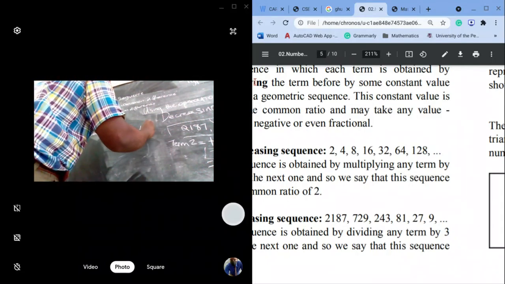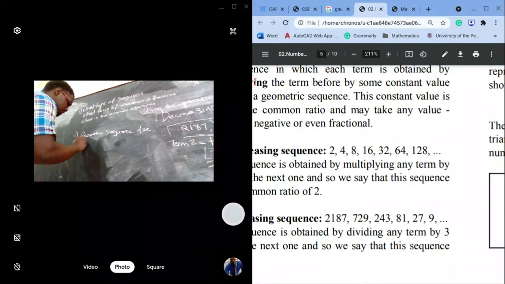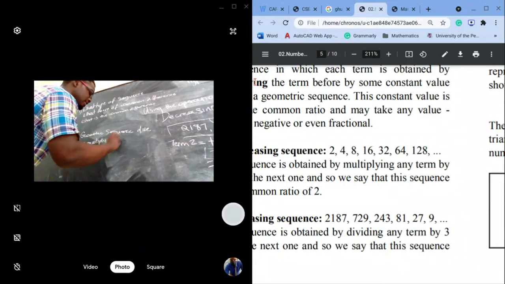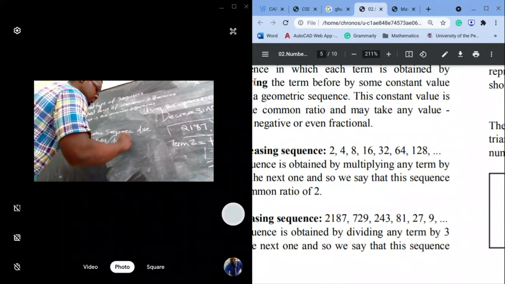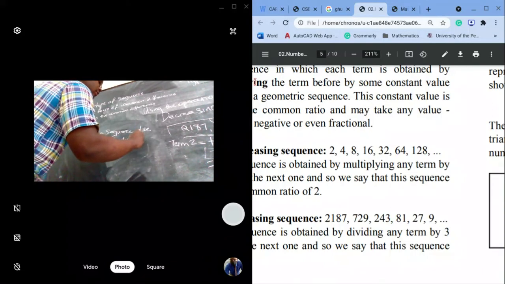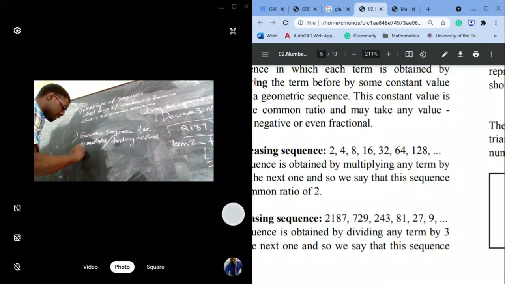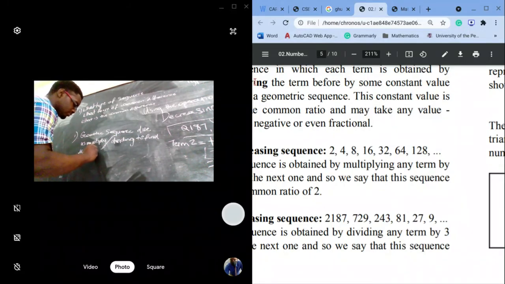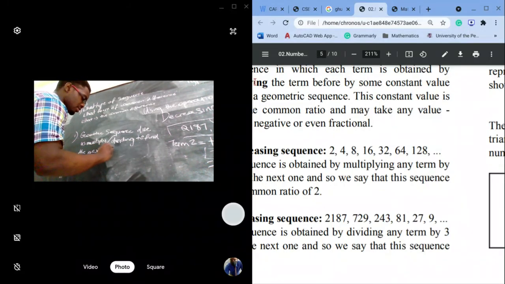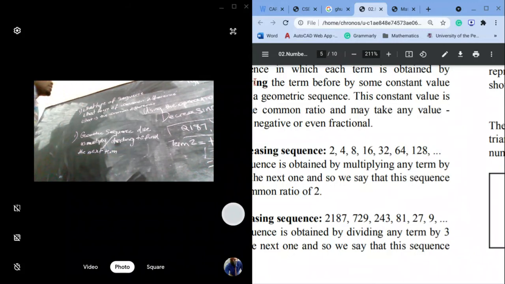Due to us multiplying or dividing to find the next term. Right? So this is the type of sequence.